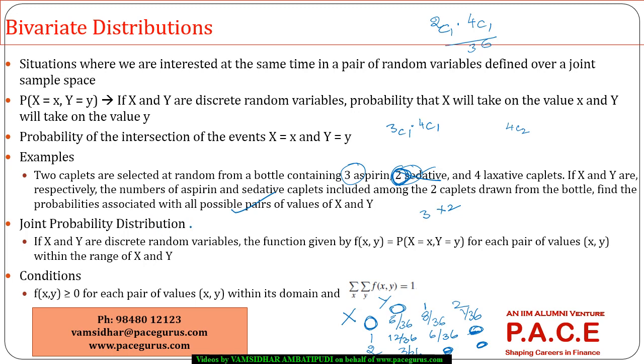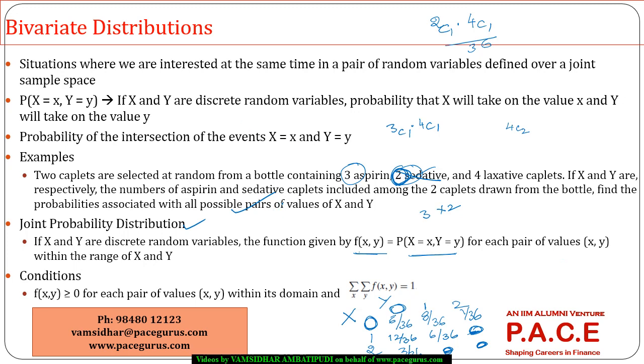Now in this context I can define the joint probability distribution associated with X and Y, wherein I am trying to find f of x, y, saying P of X equal to x and Y equal to y for each pair of values of x and y.